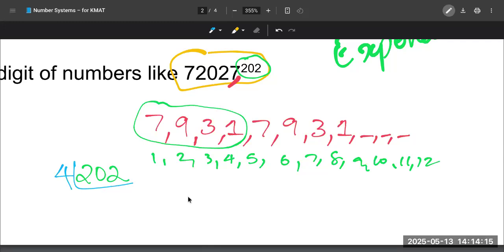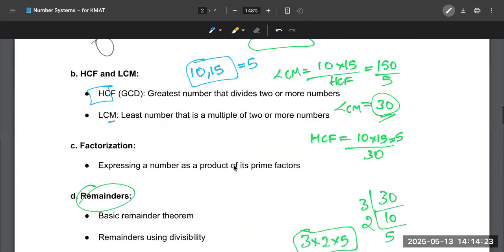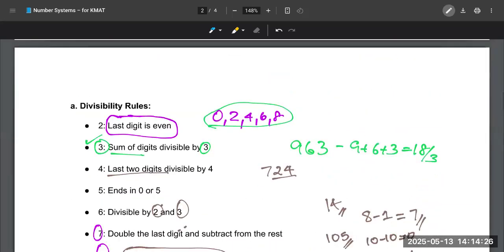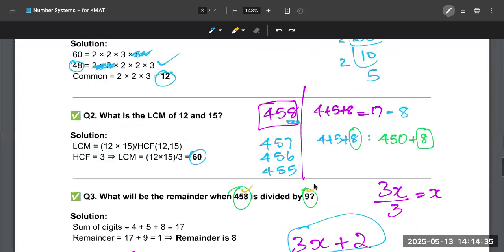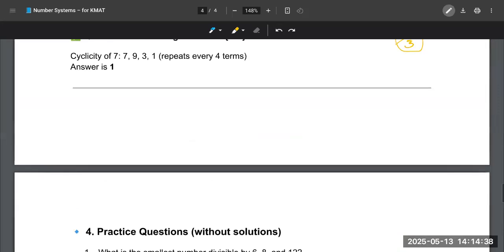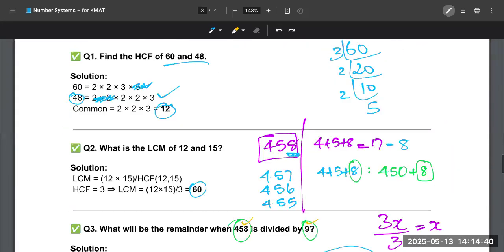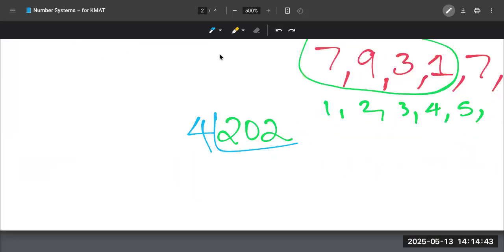How do you calculate if a number is divisible by 4? The last 2 digits should be divisible by 4. That means 200 is already divisible by 4.